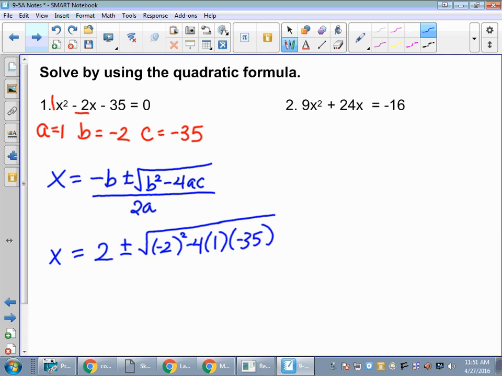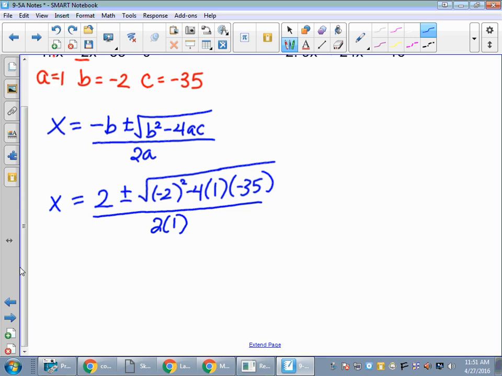Notice I put them in parentheses when I plug them in. I have not done any math. All over 2 times 1. I want to be able to see the a's, the b's, and the c's within your formula. So first step, write down the formula. Second step is substitution. Replace the variables with their numeric value.